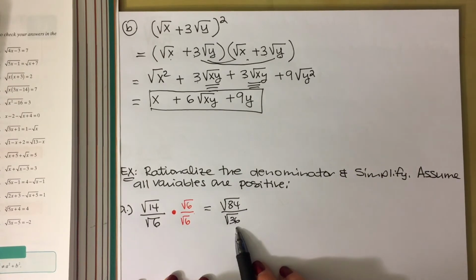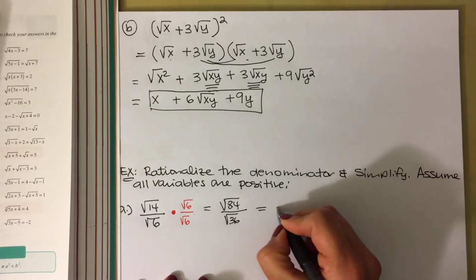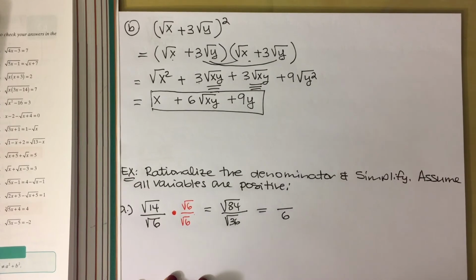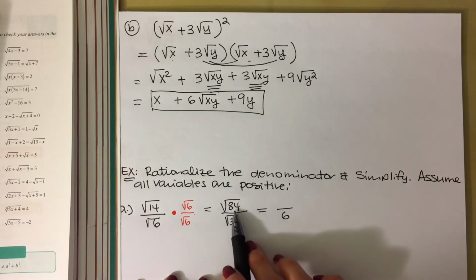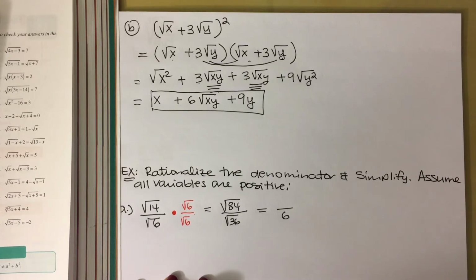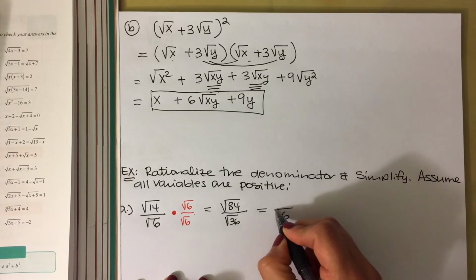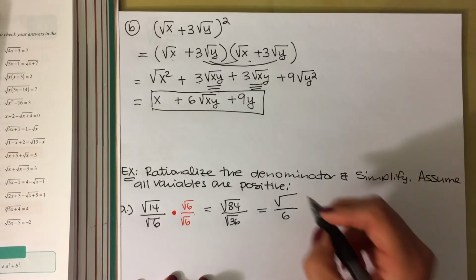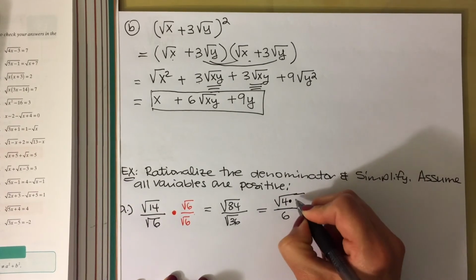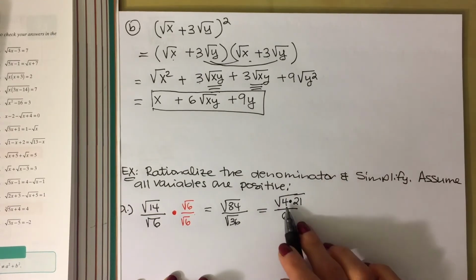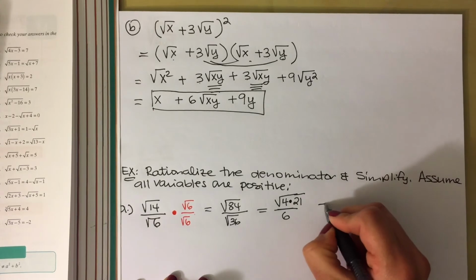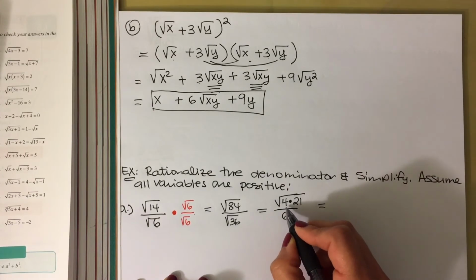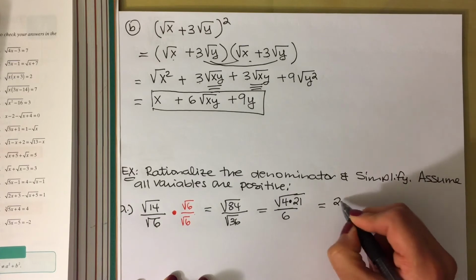This is a perfect square, so I can take the square root and the square root goes away. So I have rationalized my denominator. I have 6, I don't have a square root, so that's great. Now, square root of 84, we can simplify that. The best way to break down 84 is to write this as 4 times 21. 4 times 21 is the same as 84, and we take the square root of 4, and that's going to be 2 on the outside.